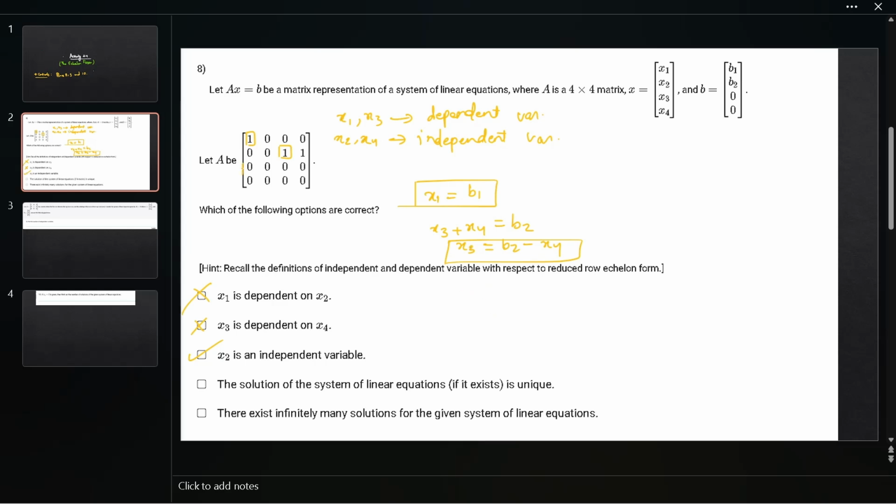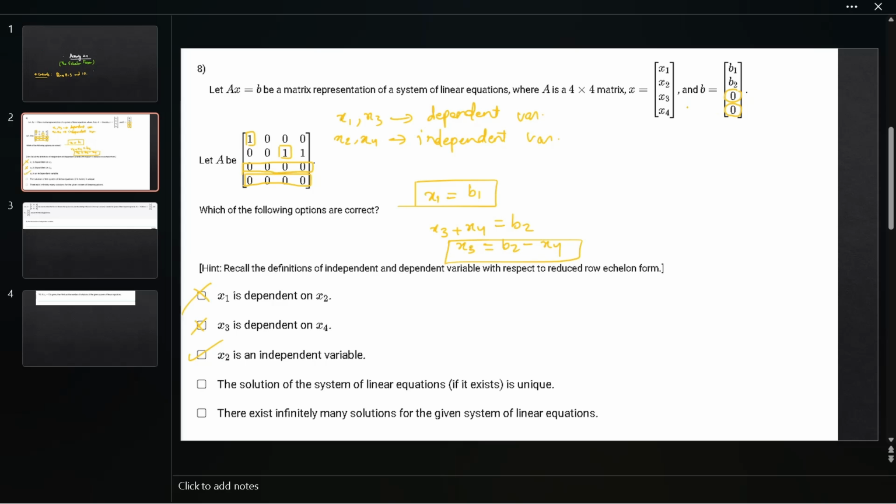So here we have a zero row and here also we have a zero row. And one thing we can see is that the corresponding values in the B vector for these two rows are also zero. Thus, this is not a case of no solution. That means the solution for this equation exists.